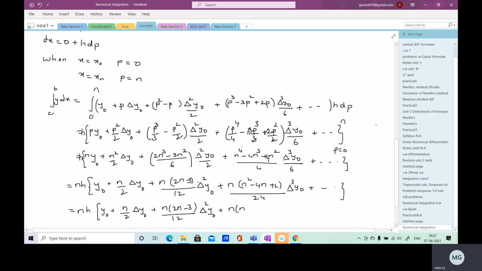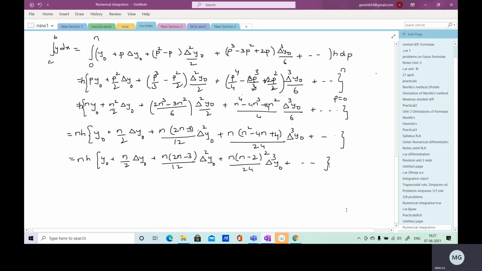Plus 4 means, okay, (n minus 2) whole square by 24 times del cube y naught plus etc. This is our general formula. Okay, this is our general formula for integration.